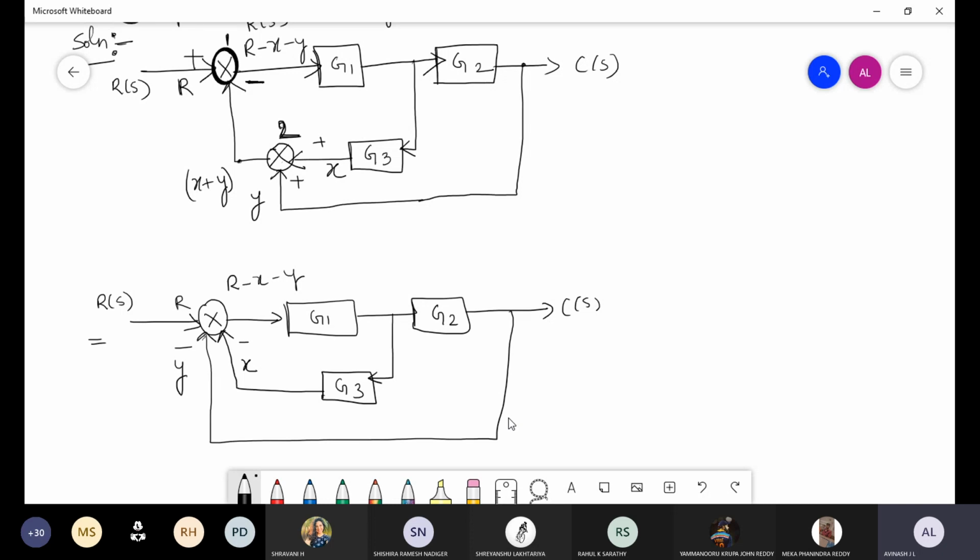Okay. So now can we do anything now? Now you write here, first of all, the first statement: let us combine summing points 1 and 2.